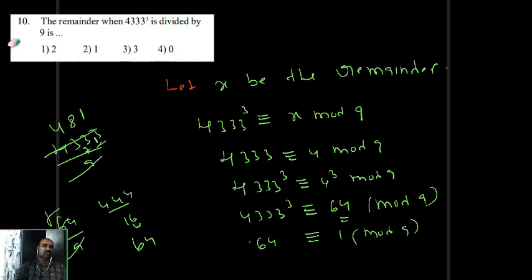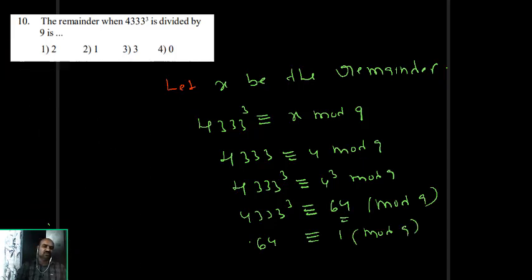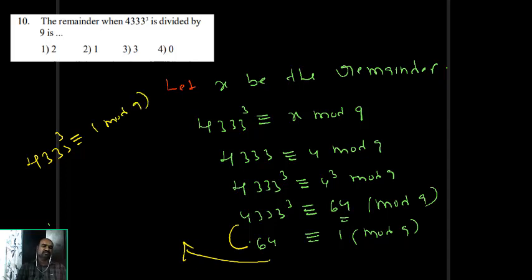Combining these two, I will write here: if A is congruent to B modulo M and C is congruent to D modulo M, then AC is congruent to BD modulo M. That's why (4^33)^3 is congruent to 1 modulo 9, which means 1 is the remainder.